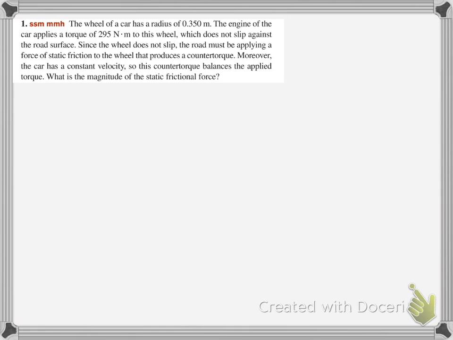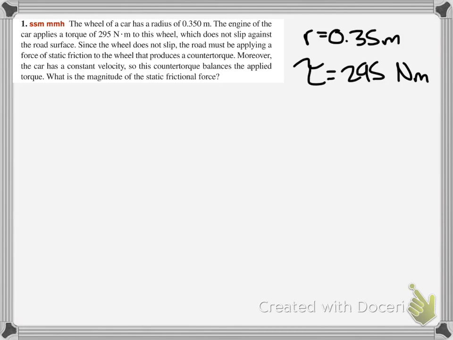Okay, that problem seems mind-blowing, but it's not. First thing you want to do is write down all the values you have. So you know that your radius is 0.35 meters and your torque is 295 Newton meters. The question asks you for the force.